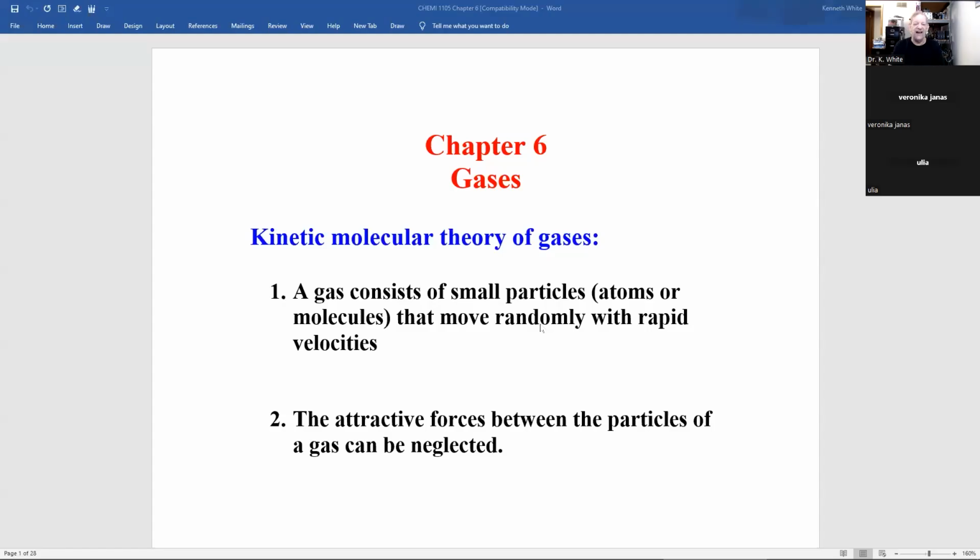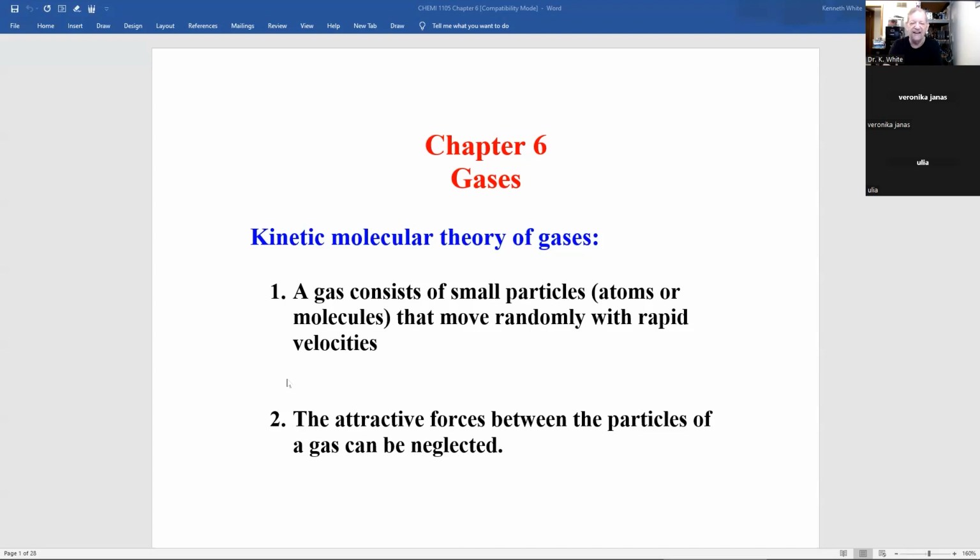So when we talk about gases, there's something called the kinetic molecular theory of gases. I would like you to be aware of this. I can ask you about this on test number 3. I can ask you, give me one aspect of the kinetic molecular theory of gases. So let's talk about it. A gas consists of small particles, atoms or molecules, that are moving randomly with rapid velocity.